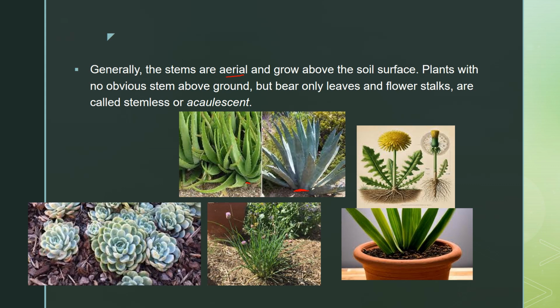In this situation, these types of plants are called acaulescent plants, or stemless, because they have no stem over the soil.